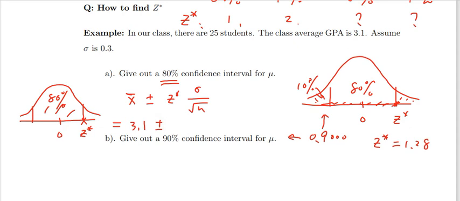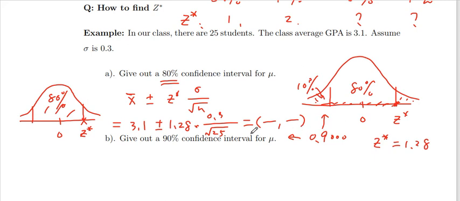So the only thing we wanted to find is this Z star, which is 1.28. Once you find this Z star, then the calculation is really easy, right? We can easily find the lower bound and upper bound, so we can get this 80% confidence interval.